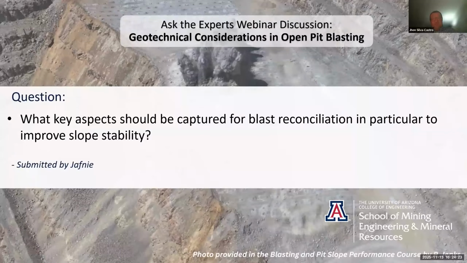So the important thing is not just to collect all that information, but also to have parameters to evaluate performance: what PPV we will allow, what movement of the slope will trigger higher flags, things like that.